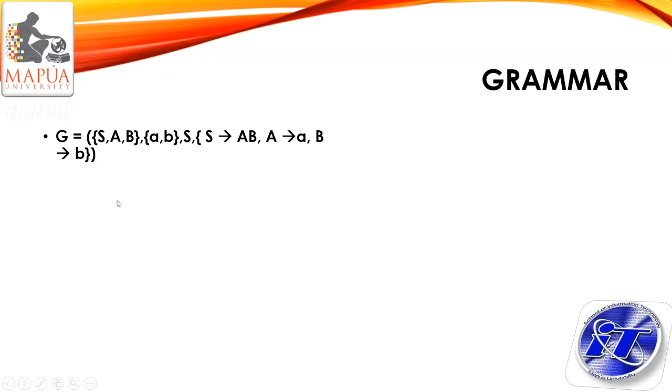Going back to the four tuples of grammar, S, A, B are the non-terminal symbols, and A, B are the terminal symbols, which are the variables in our string. Then S is the start symbol, and the symbols with arrows are the production rules.